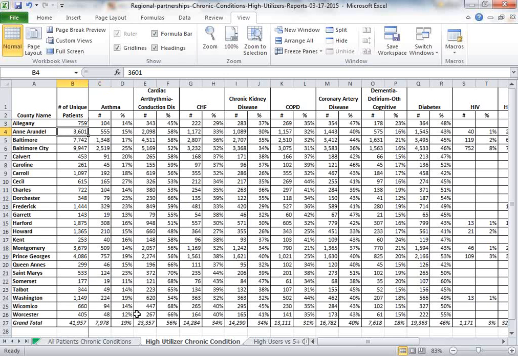What we're saying is that there were 3,601 patients with chronic conditions, patients who were seen 3 or more times in either inpatient or observation during calendar year 2012, and you can see that 555 of them had an asthma diagnosis, and that was 15% of the total number of unique patients.